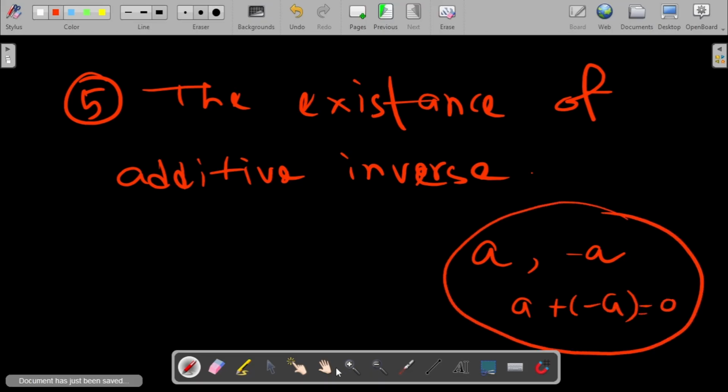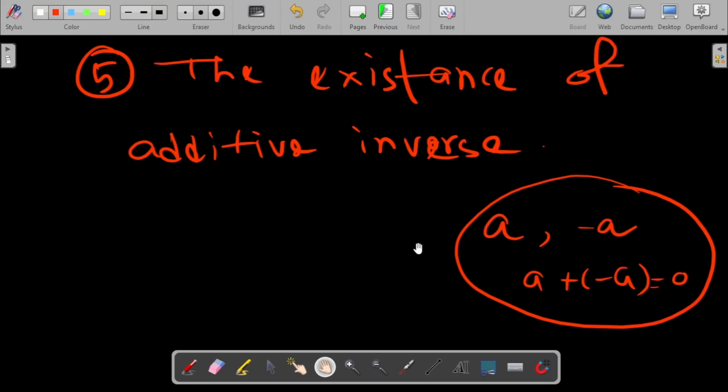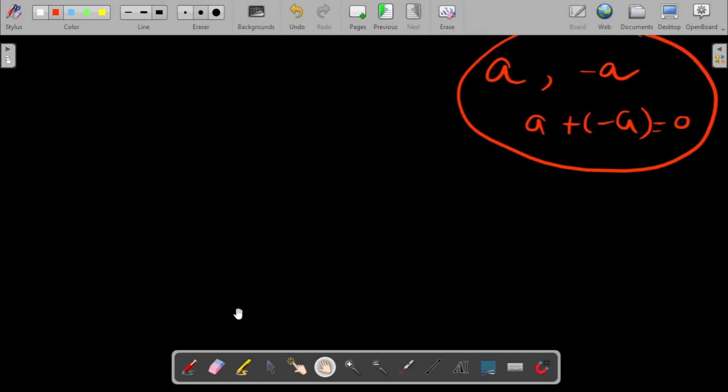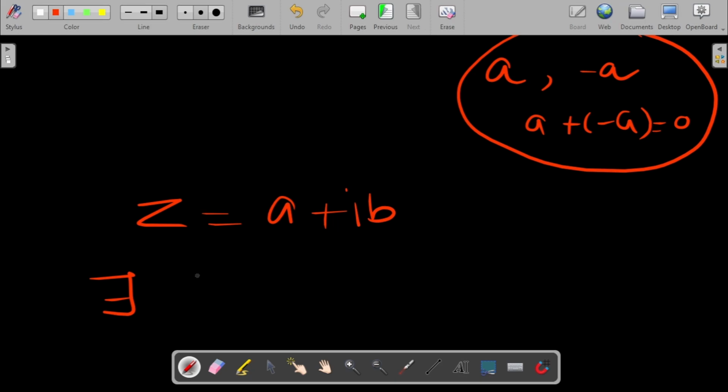Does this happen in complex numbers or not? If I take an arbitrary complex number a plus ib, there exists another complex number minus a plus minus ib.